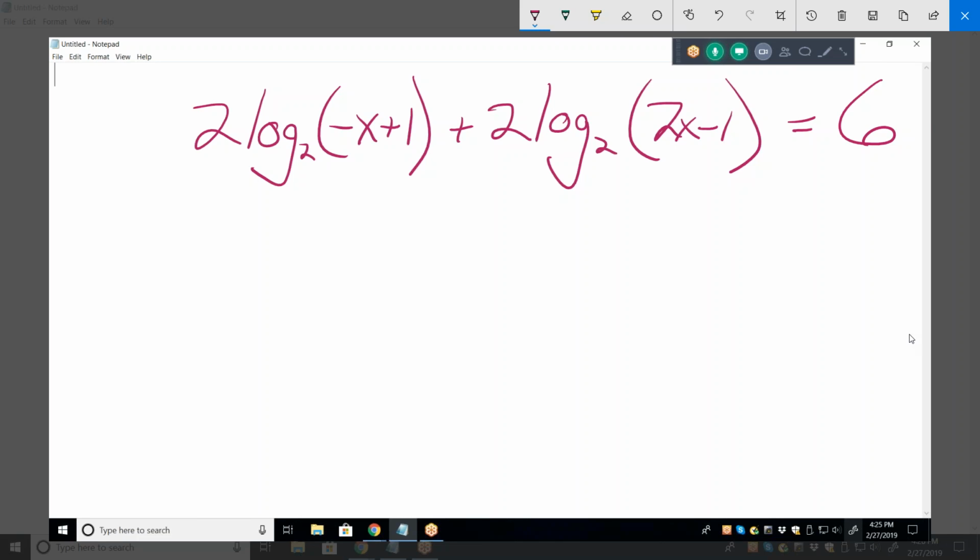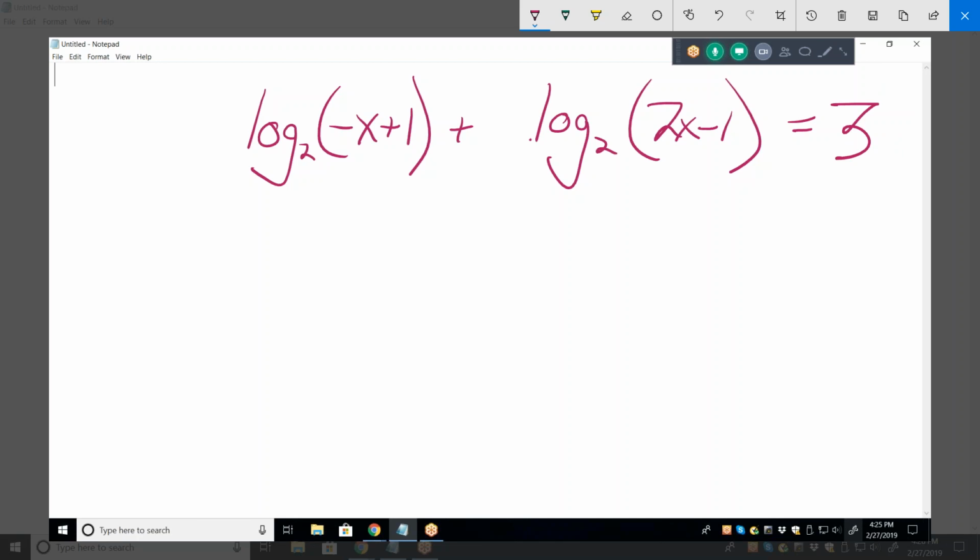So, first thing I'm going to do is factor out a 2 and divide both sides of the equation by 2. That is going to get rid of that 2, it's going to get rid of that 2, and it's going to turn that into a 3. The only reason I did that was now we don't have to worry about exponents yet.